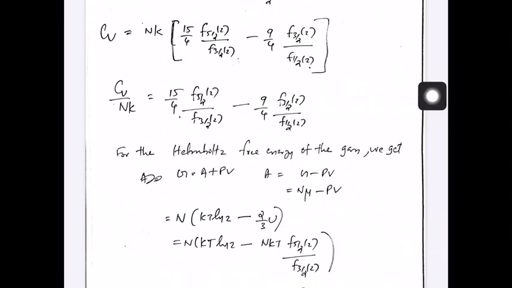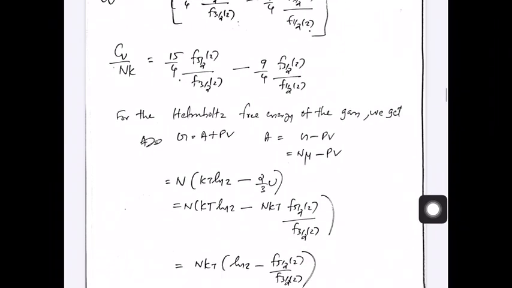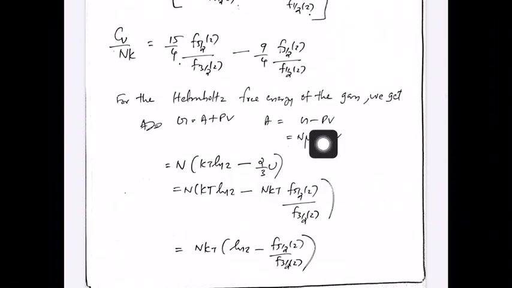So we did all these things for finding Cv. The Helmholtz free energy, we are now going to determine. It is A equal to G minus PV. G is the Gibbs free energy. We know G is μN, chemical potential times number of particles. So this is N, μ is kT log z.